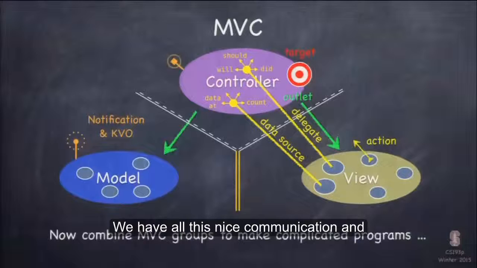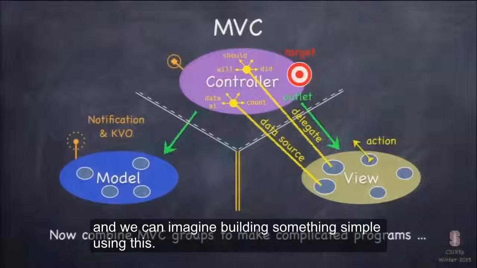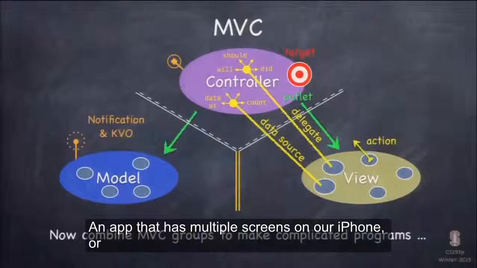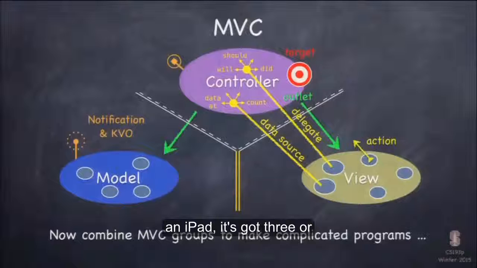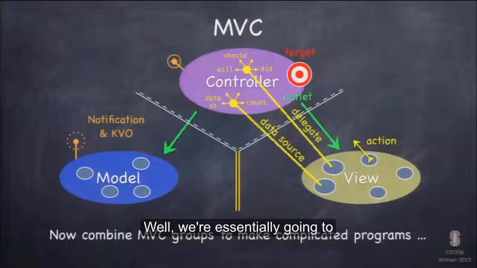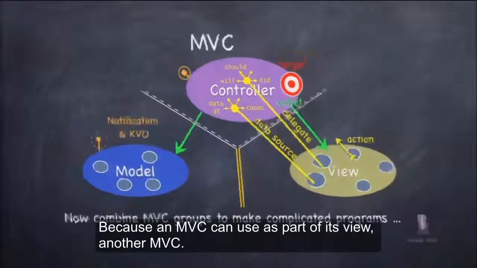We have all this nice communication and all these rules, and we can imagine building something simple using this. But what if we want to build a big complicated app, an app that has multiple screens on our iPhone or on an iPad? It's got 3 or 4 different areas on screen where things are happening. How do we do that? Well, we're essentially going to combine multiple MVCs, okay?